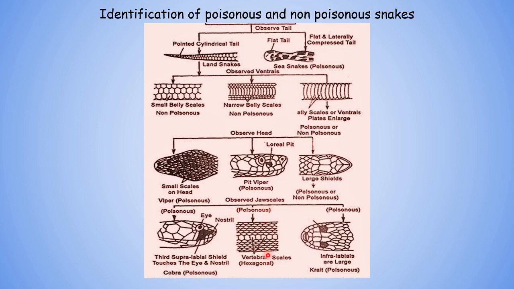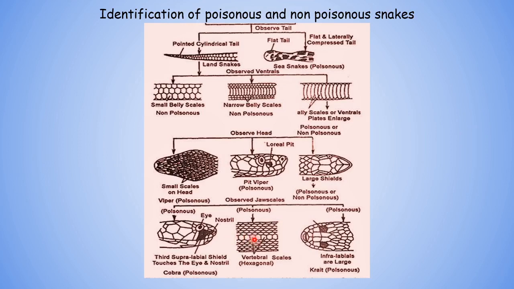Another feature to be observed regarding the scales: if this is not present, if it is the same type of scale in this particular region, go and observe the dorsal side and the scales at the vertebrals. That means, in the center of the dorsal side, whether there is any special feature for the scales passing through the center of the back.